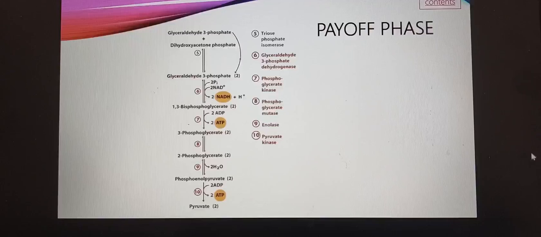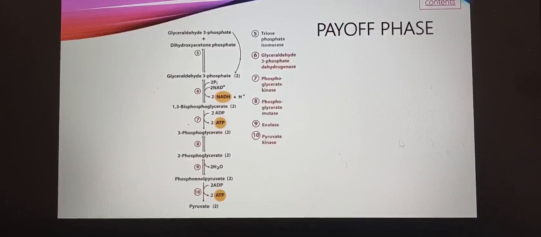The enzyme strips off 2 hydrogen atoms from glyceraldehyde 3-phosphate, which are captured by NAD. As a result, glyceraldehyde 3-phosphate is converted, and it picks up a phosphate group present in the cytoplasm.